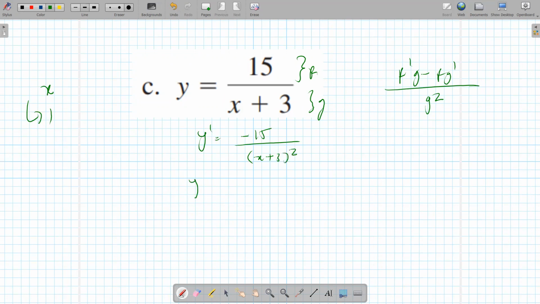Now we have to go a level deeper though. Let's do the same thing again. If f is negative 15, what's f prime? 0. Yeah, exactly. So 0 times (x plus 3) squared, that's still a 0, minus the top guy as it is. What's g prime?